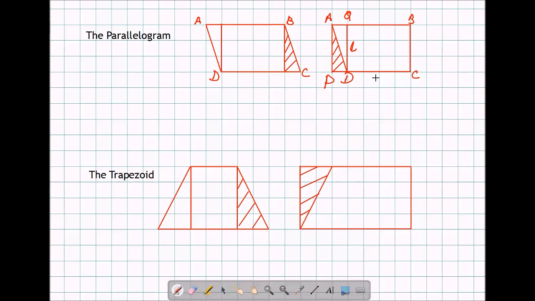The breadth will become this PC or AB. Let's just put a small b to avoid confusion.